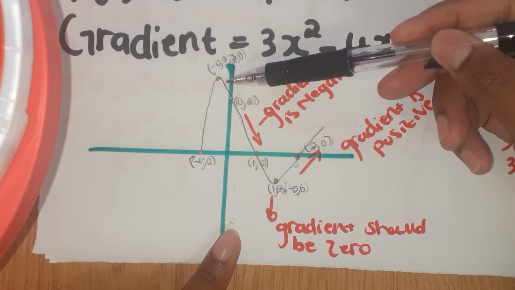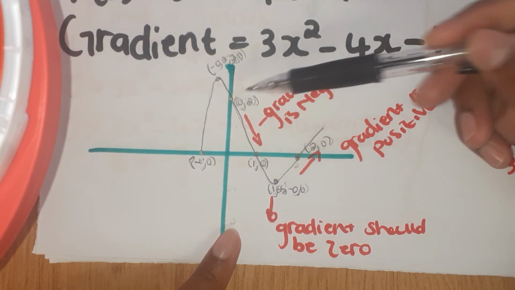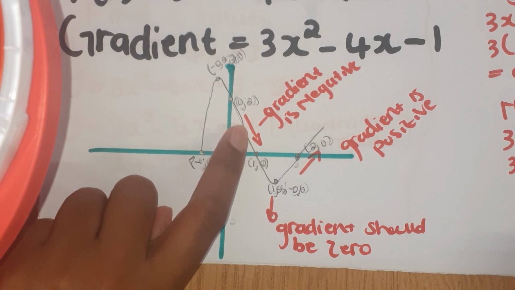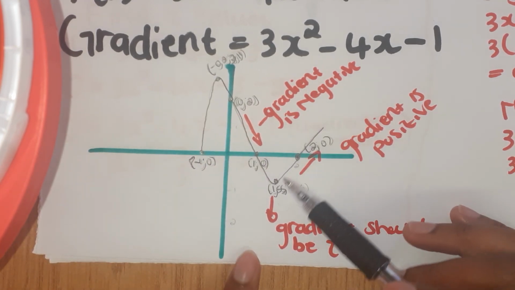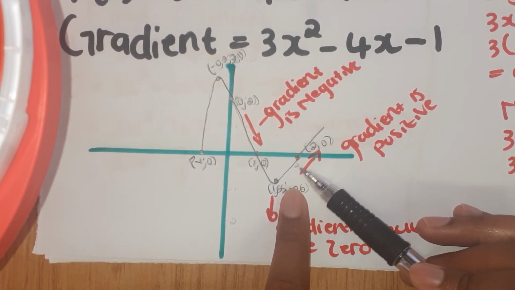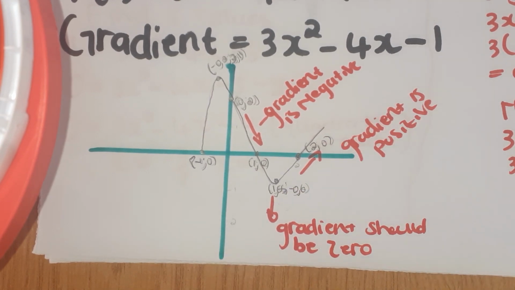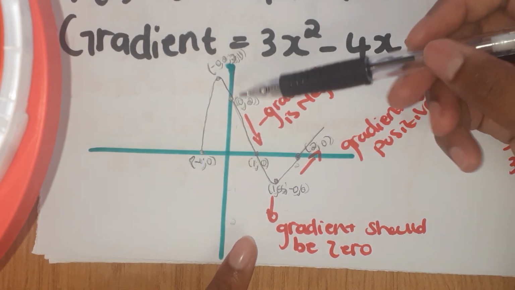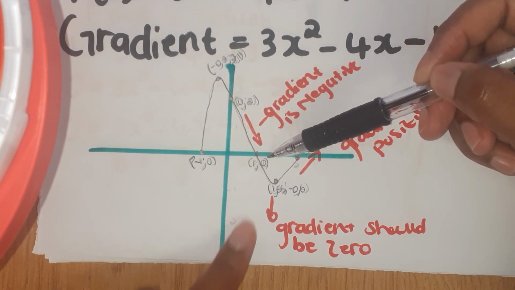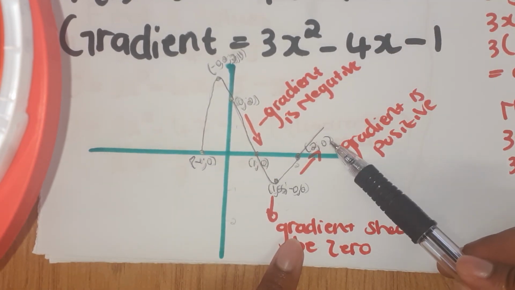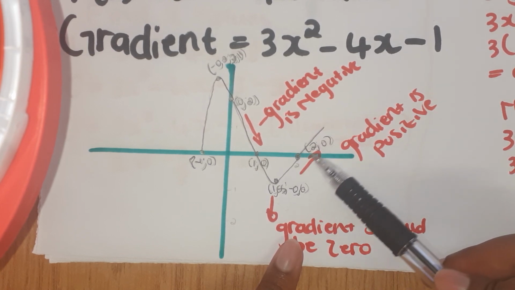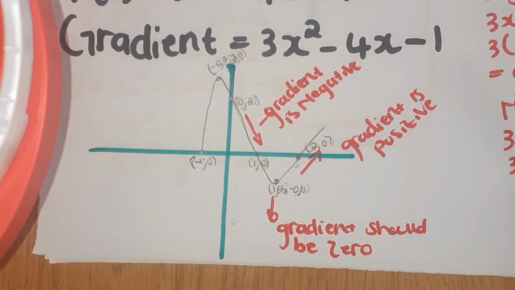So when this graph is going down like this, you see it's pointing down, the gradient is negative, and from here going up like this, the gradient is positive. So when you are asked where will the gradient be 0 or where will the gradient be negative, when you go to your graph, this is how you interpret it. This is going down, so this is negative, and this is going up, so the gradient here is positive.